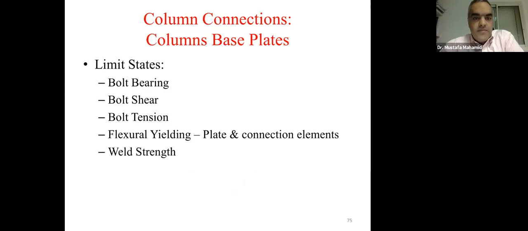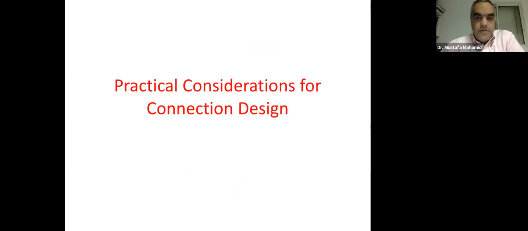The limit states for column base plates, since they are bolted, are bolt bearing, bolt shear, bolt tension, flexural yielding of the plate and the connection elements, and the weld strength. So typically the column is welded to the plate and the plate is bolted either to another member or to the concrete foundation. So that's the design and the limit states.